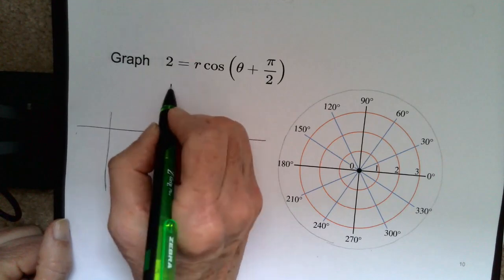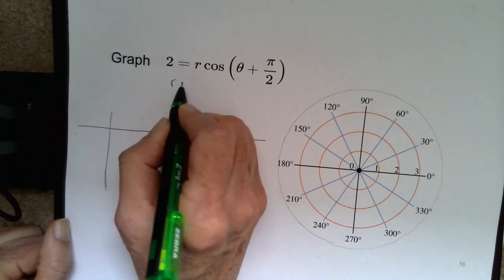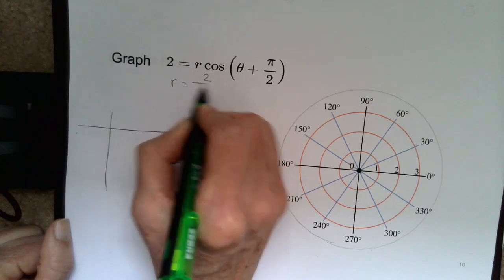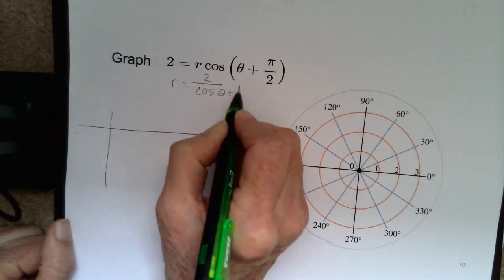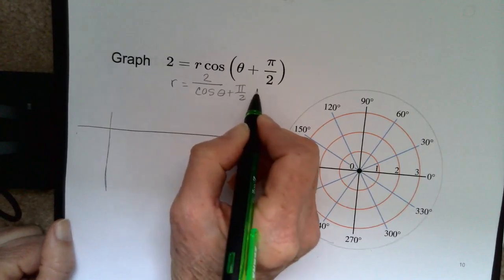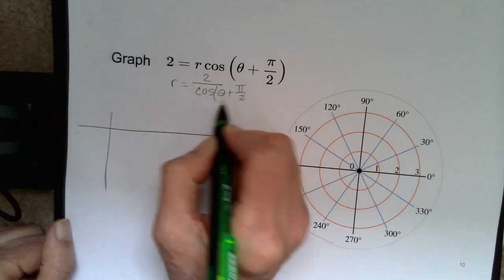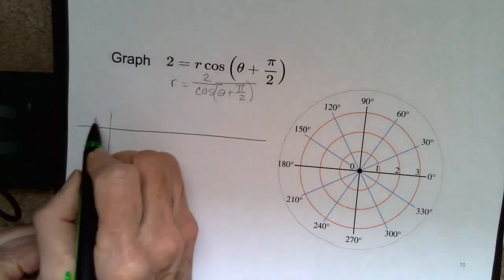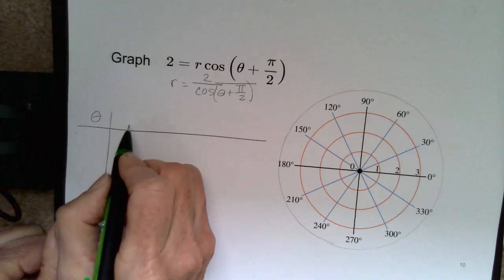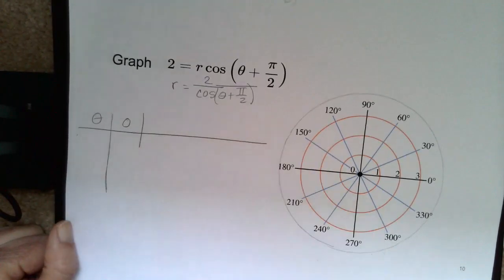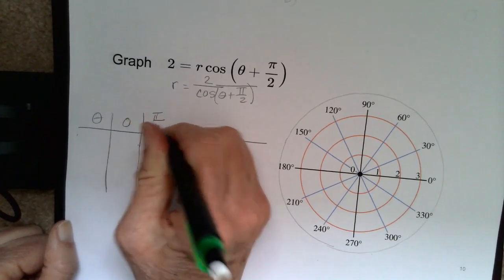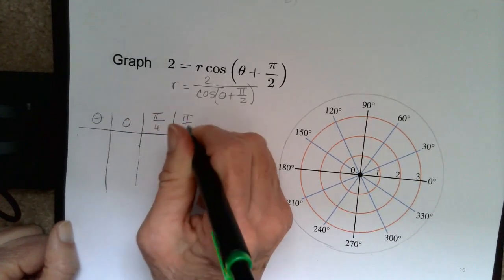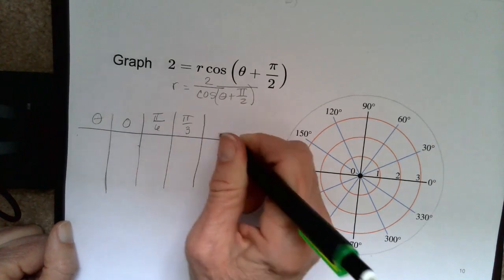We're going to get r is equal to 2 over the cosine of theta plus pi over 2. You can still use that in the store part of your calculator. So you have theta. So let's do 0, pi over 6, pi over 3, and maybe pi over 2.